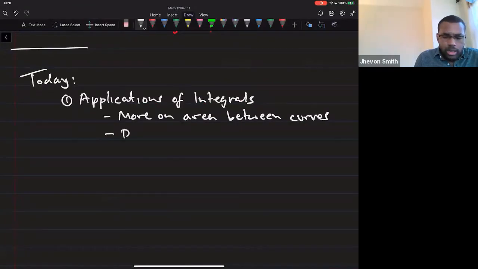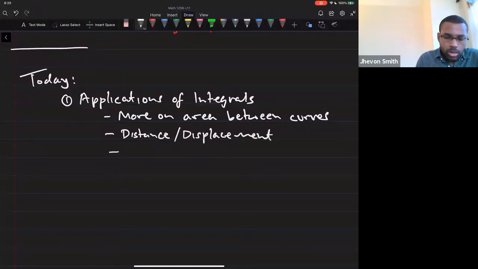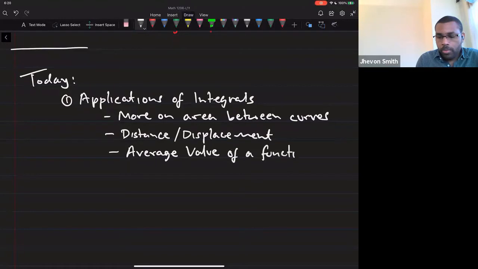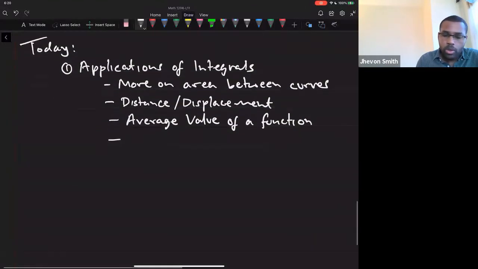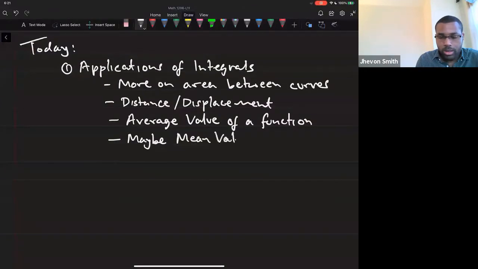Like I said, distance, displacement, average value. Maybe, I don't know, depends on the mood, and how long it takes me to cover the previous three. Maybe mean value theorem for integrals.